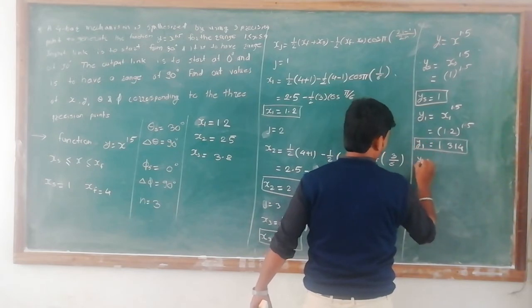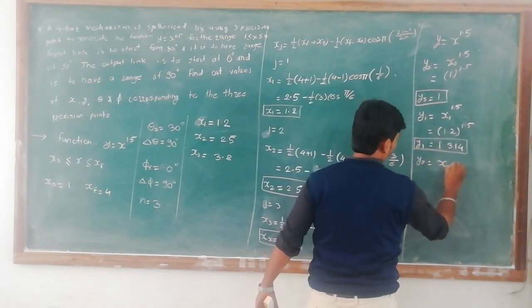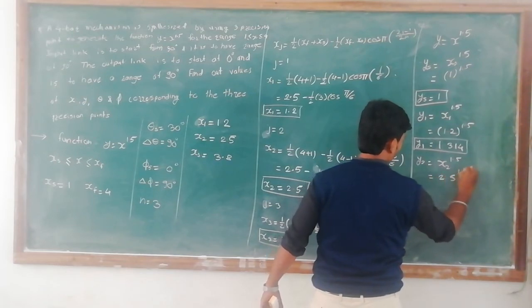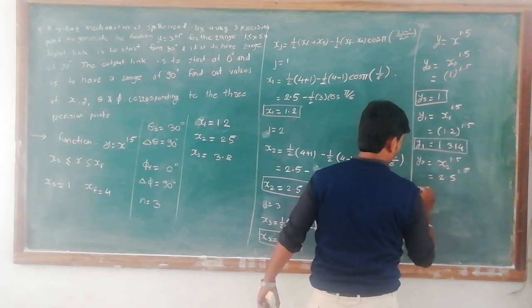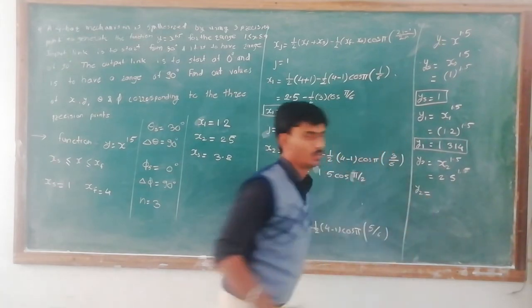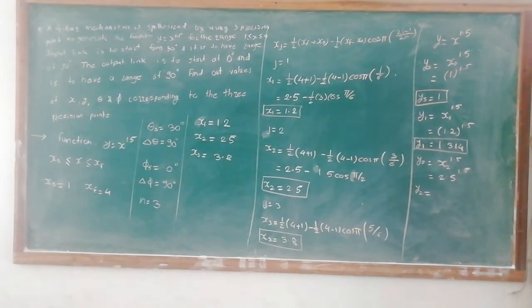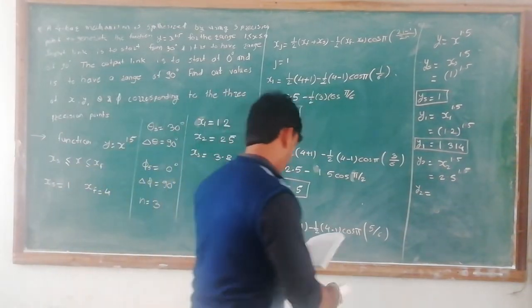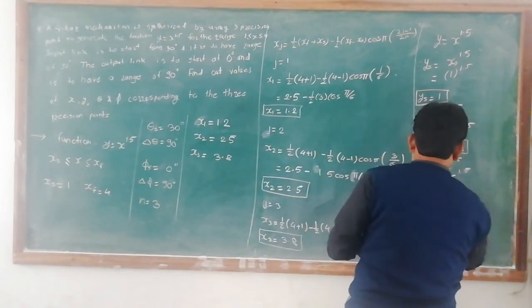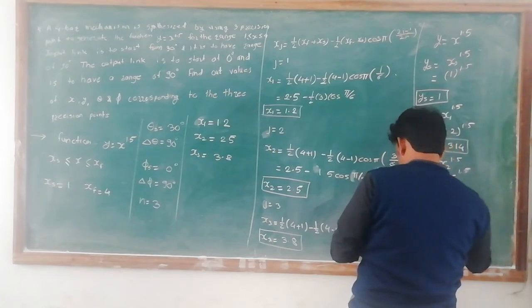Now y2 is equal to x2 raised to 1.5. x2 is equal to 2.5 raised to 1.5. So the value of y2 is equal to 3.952.